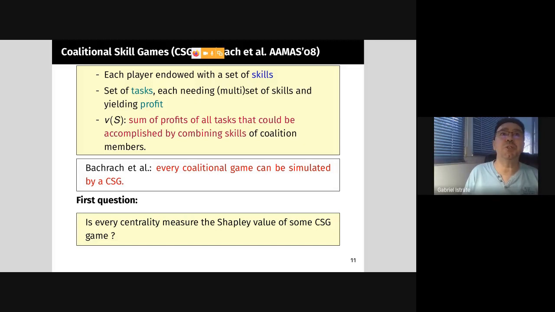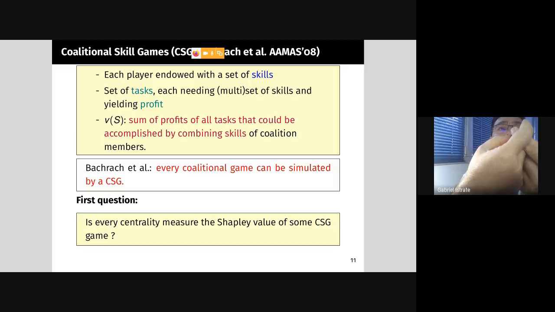So the value of a coalition is obtained as follows. People in the coalition pool together their skills. They perform all the tasks that they have the skills to do, and they get the profit. So the value of the coalition is the sum of profits of all the tasks that could be accomplished by the coalition.